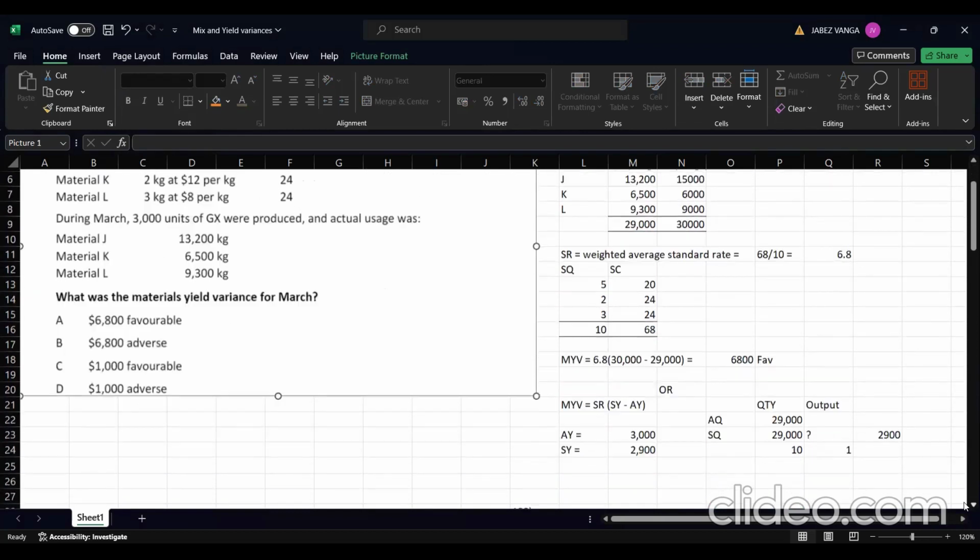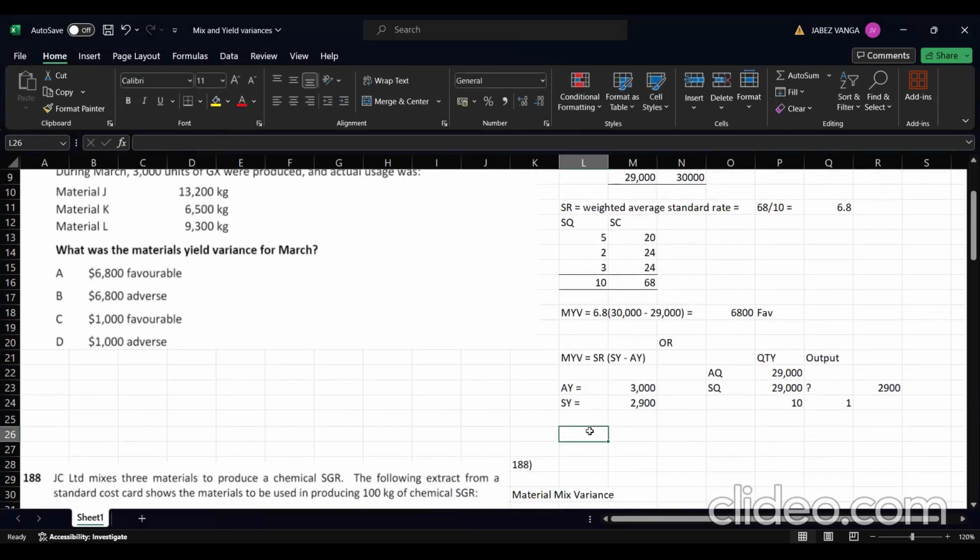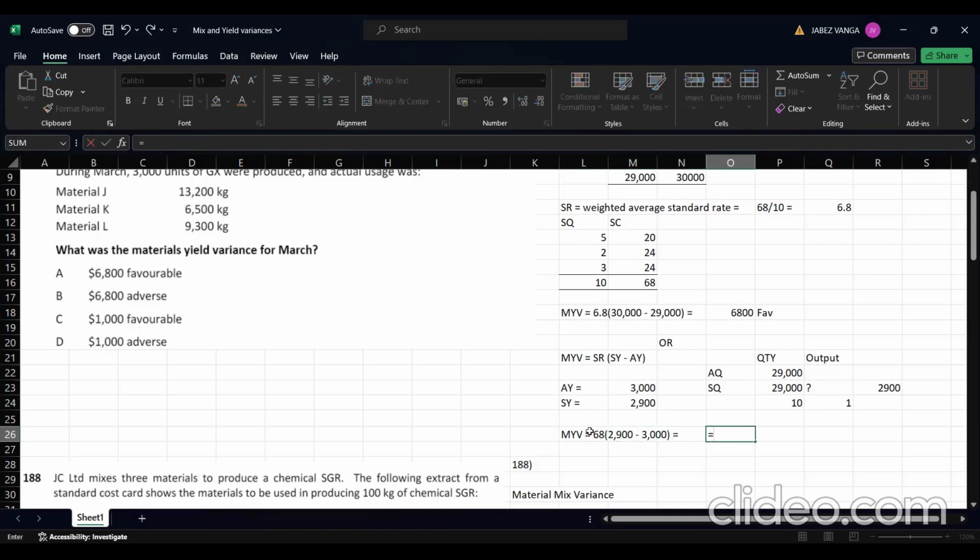Now we just have to apply it. Material yield variance is equal to the standard cost of making 1 unit, 68, into the standard yield, 2,900, minus the actual yield, 3,000. That is 68 into, in brackets, 2,900 minus 3,000. That gives 6,800.